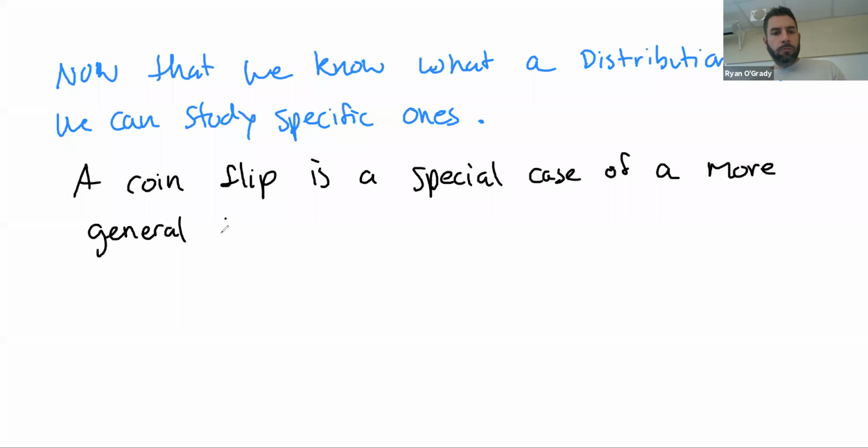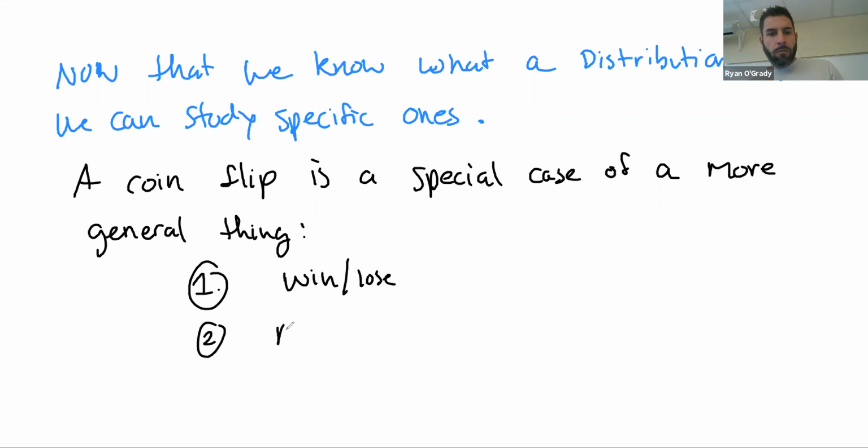For example, win, lose. Pass, fail. Survive, die. Again, we can go on and on. I guess I'll do one more since I wrote the number 3 down.